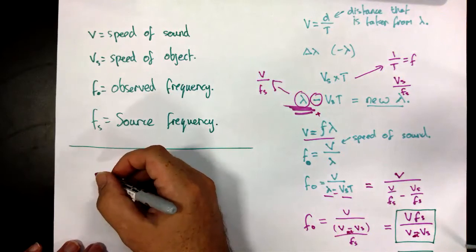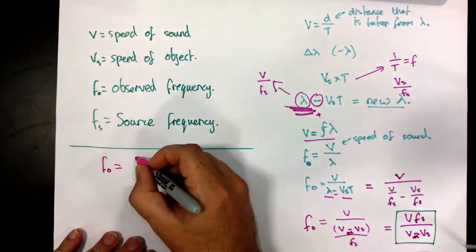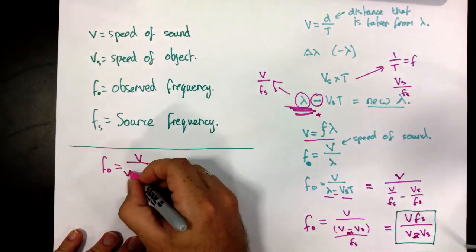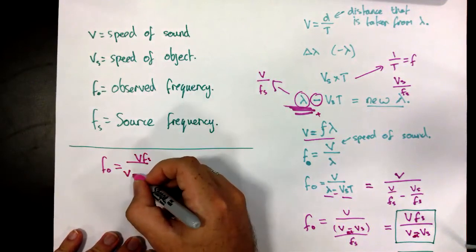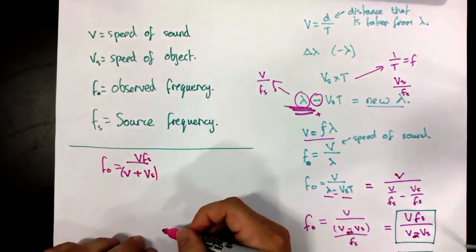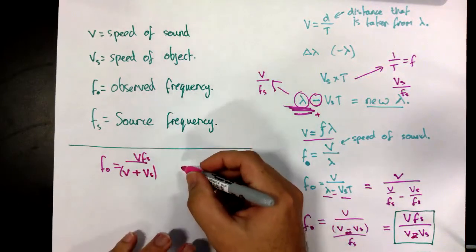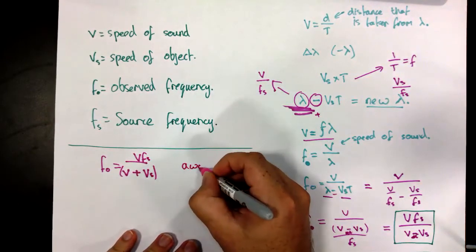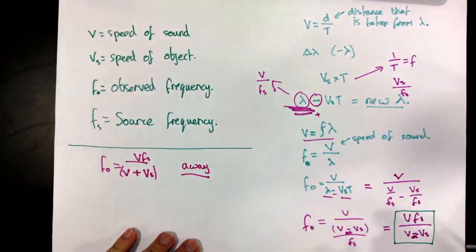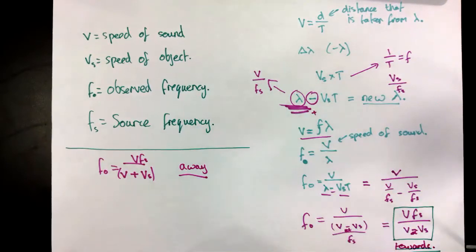So in this case, Fo is going to be equal to V over Fs, sorry, V over V plus Vs. So that gives you a new term for what happens if it's moving away from you. And this gives you a term if it's moving towards you. So minus is towards, positive is away.